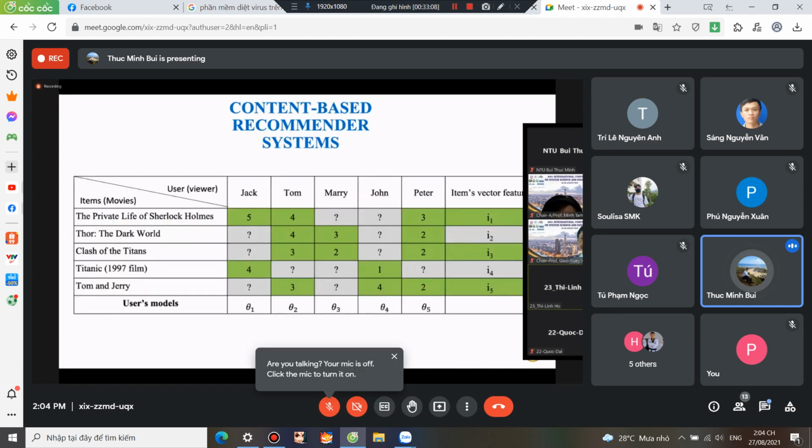You can see in my slide a sample utility matrix which presents user ratings for items.